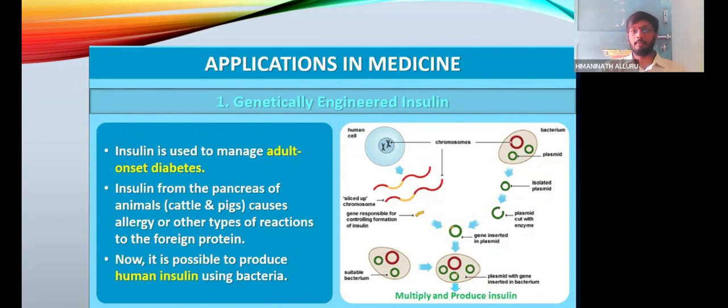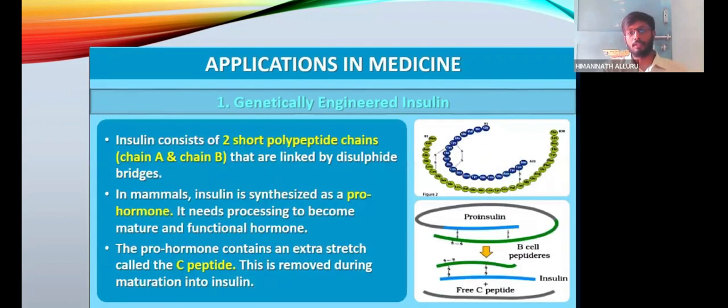And how can this be made? So we need to put the challenge to the children. Because they have already studied biotechnology, they must be able to draw a flow chart of recombinant DNA technology for this particular insulin. No need to straight away explain the A chain, B chain, C chain, what is prohormone, what is hormone. No need to explain immediately.